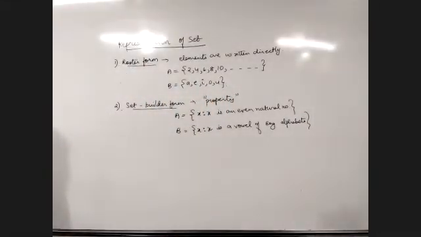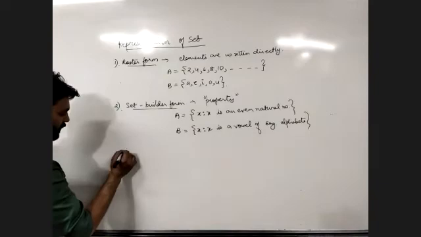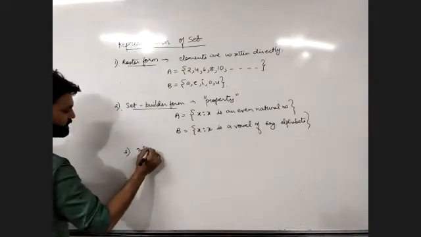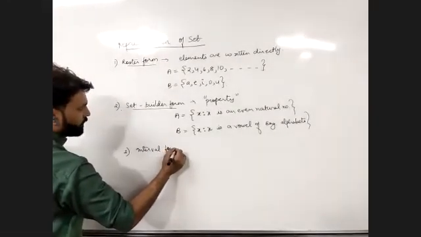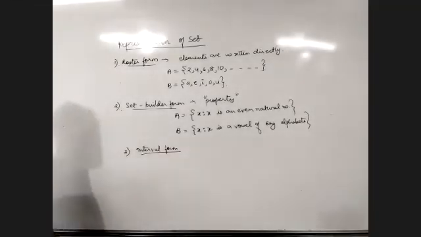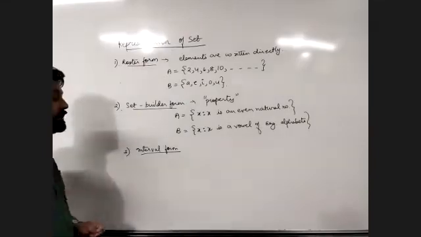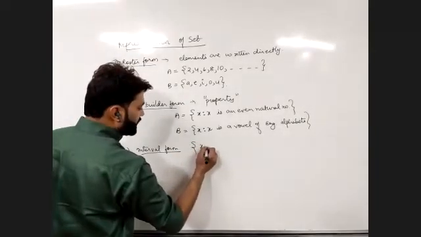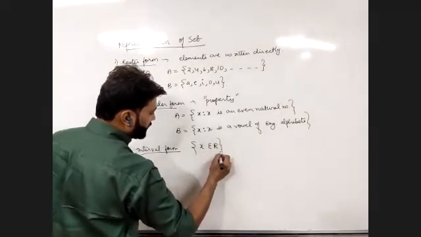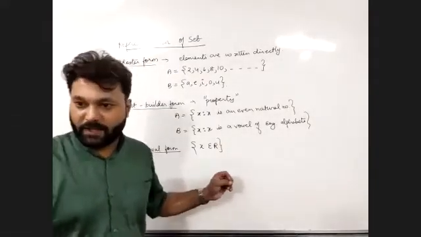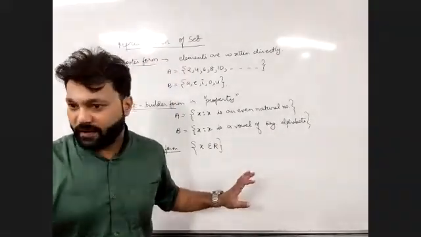Clear? The third form is known as the interval form. But remember, interval form is a very restricted form, in the sense that it can only be used if x belongs to R. If x is a real number, then only we can use the interval form.